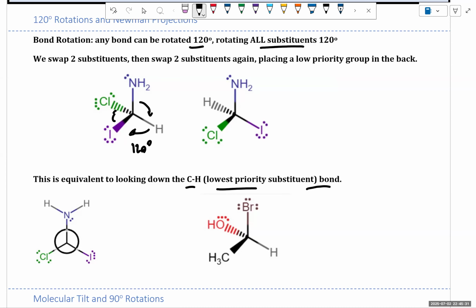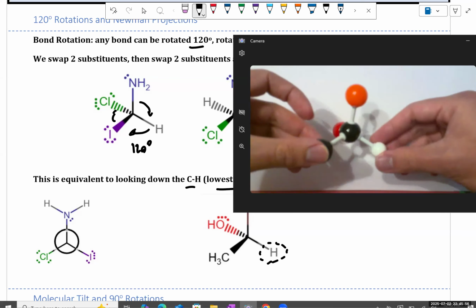Let's try to take the following molecule and rotate it so that the hydrogen is in the back. You can do this with a model kit, and in fact, I would encourage you to make a model of this compound. So here's a model of this compound.